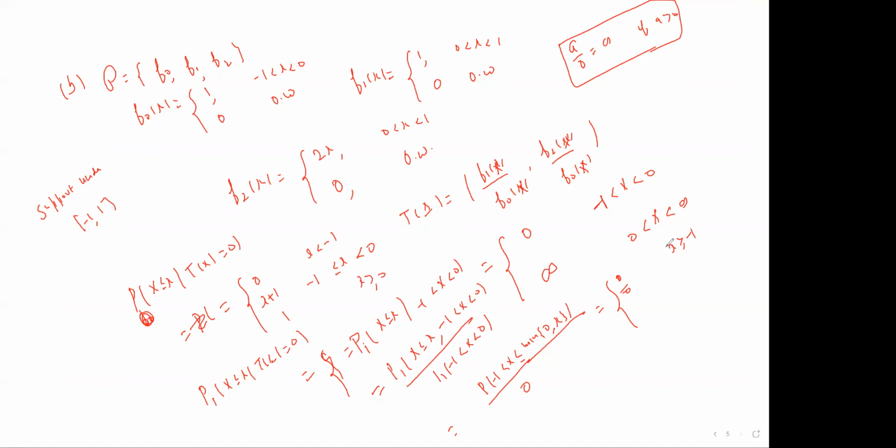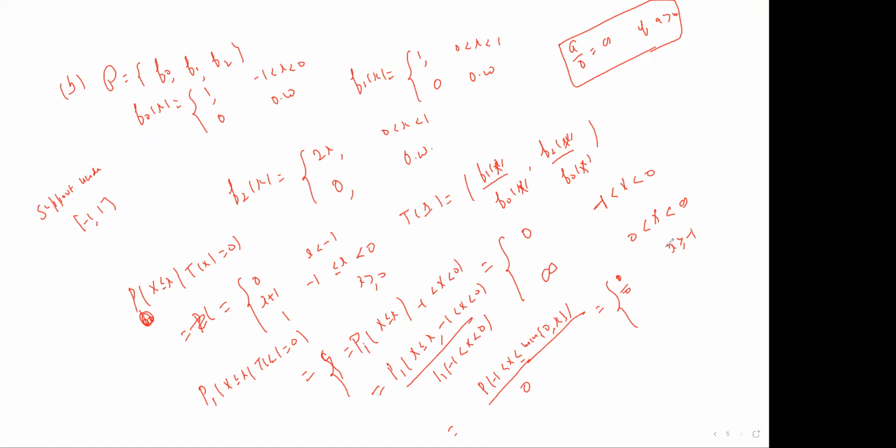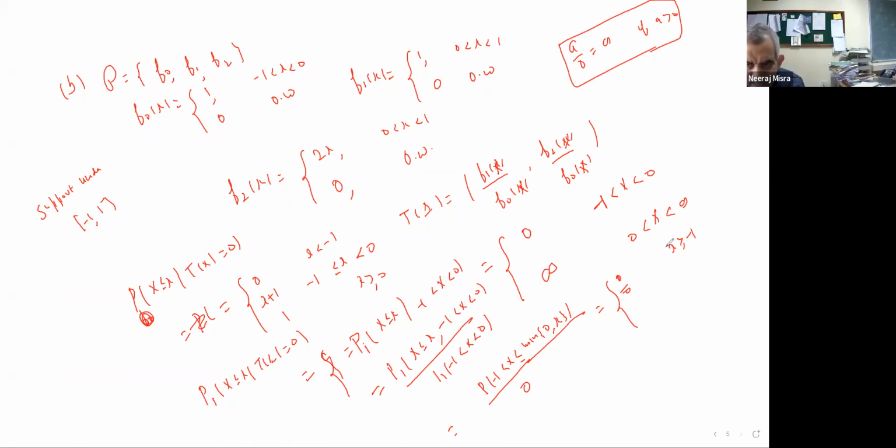Sir, in this case, how can we find the minimal sufficient statistic? In this case, it will be difficult. I don't see any straightforward way to look into it, right? So the minimal sufficient statistic would be your x itself. There is no further reduction possible from x.